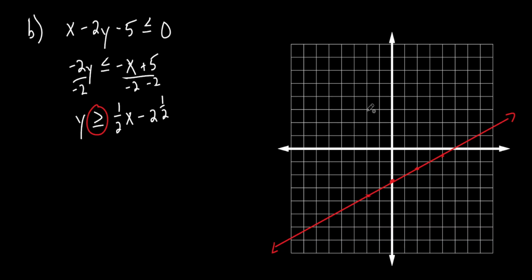What do you think would be the easiest point to choose? 0, 0, absolutely, okay? So let's choose that point right there. And let's put it in. That means if this works, then I shade above. If it doesn't work, then I shade what? Below. So let's pick 0, 0.